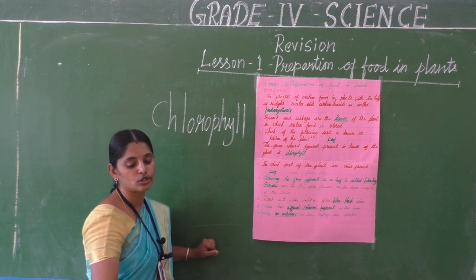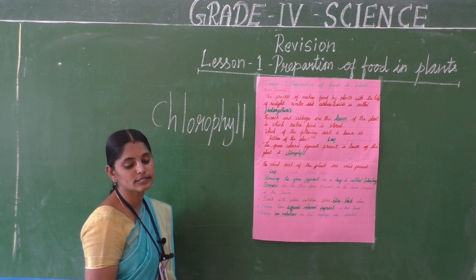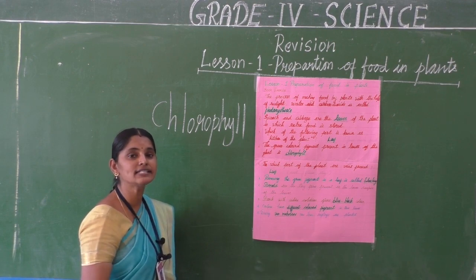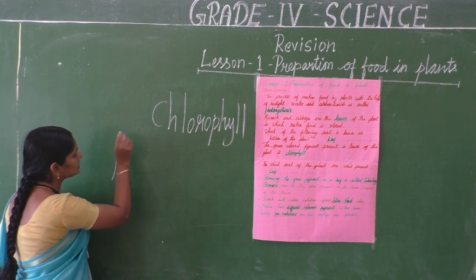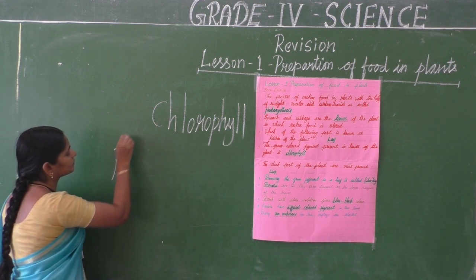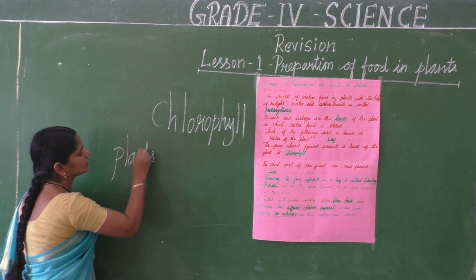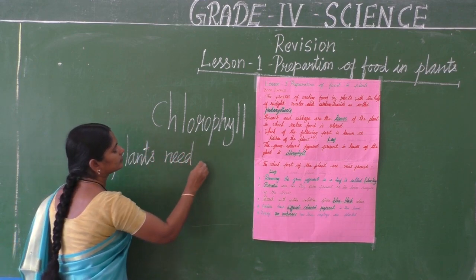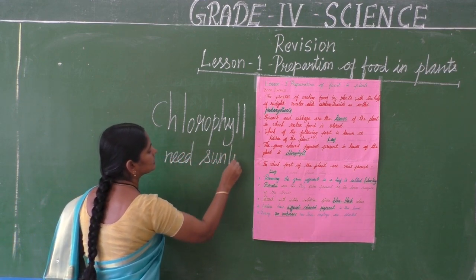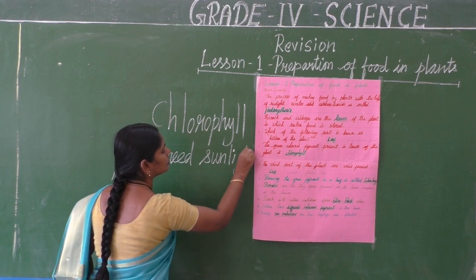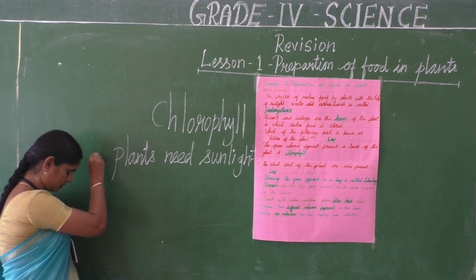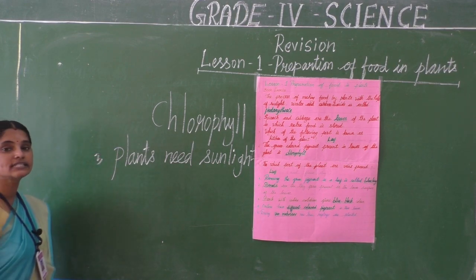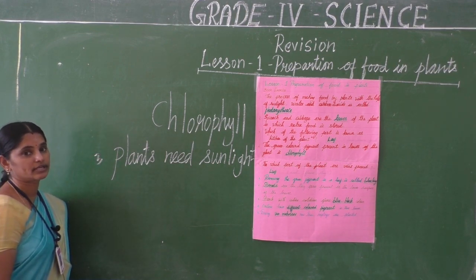Sunlight. So what will you write on the dotted lines? Plants need sunlight. Okay. In page number 5 you have to write like this. Plants need sunlight. Clear children?